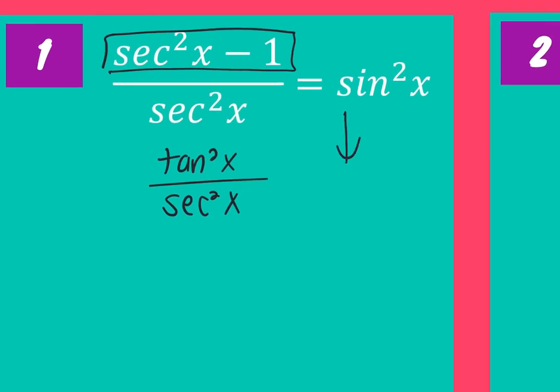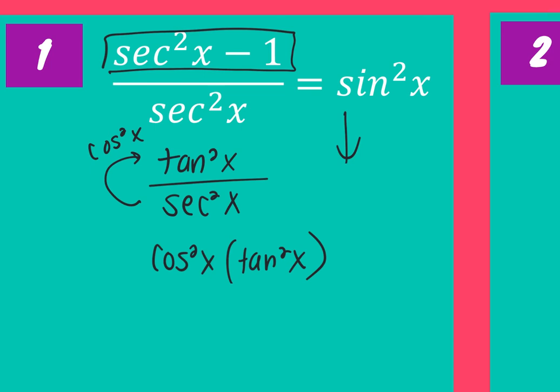I still want it to equal sine squared though. So what? You can move secant to the top, and if I move from the bottom to the top or top to the bottom, it becomes what? Good, it's the reciprocal function, so this would be cosine. So cosine squared x times tangent squared x. Then what?